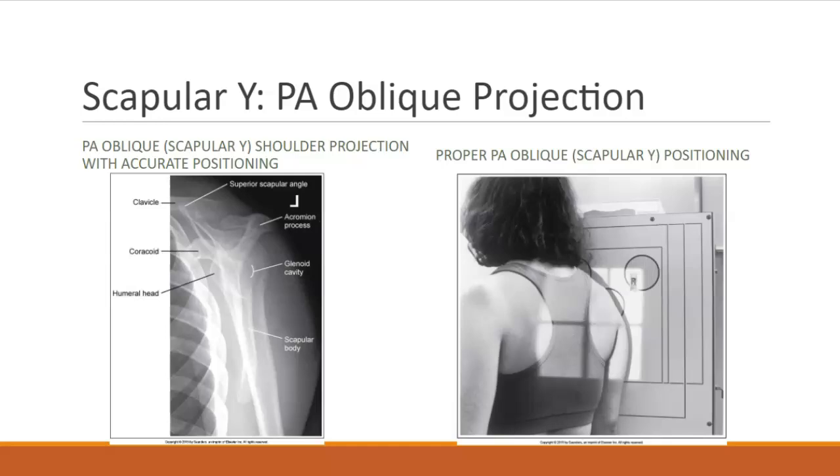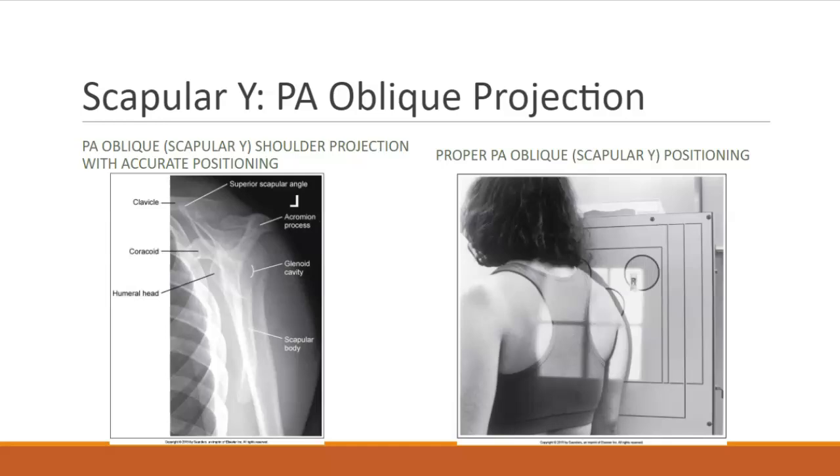of the Y. When there is no injury, the glenoid cavity, humeral head, scapular body, and humeral shaft are superimposed. When there is a shoulder dislocation, the glenoid cavity does not superimpose the humeral head.